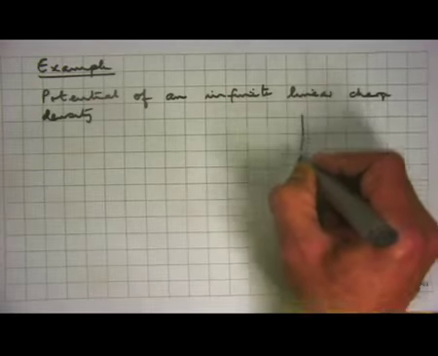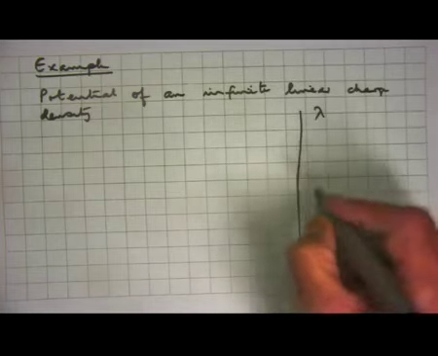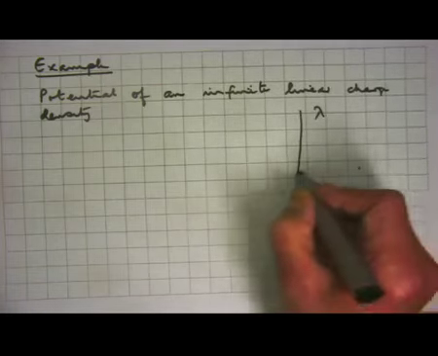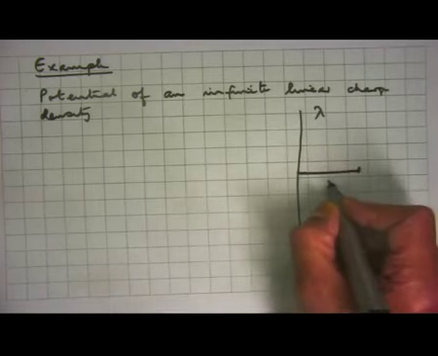So, I have a line charge here. Lambda is the line charge per unit length, and I want to calculate the potential at some point here. This distance is r.